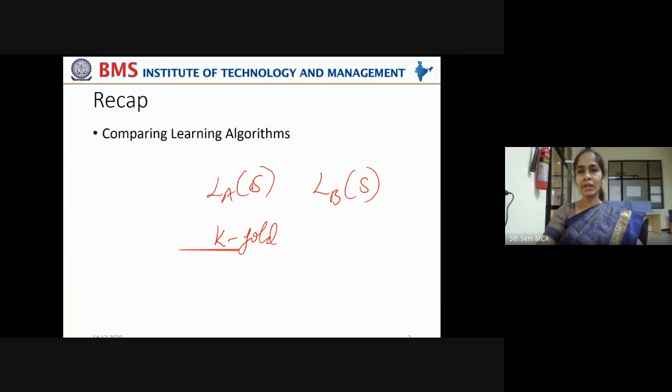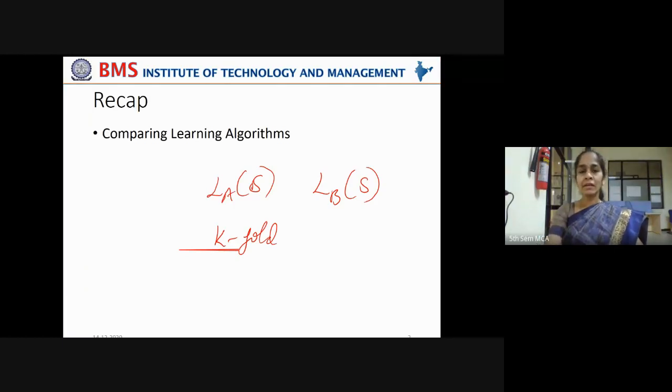Say if you have 10 folds, data set is divided into 10 parts. In that case, one part is taken as test set, and the other 9 parts will be taken as the training set. So this happens for 10 iterations, during which every partition will undergo training as well as testing.